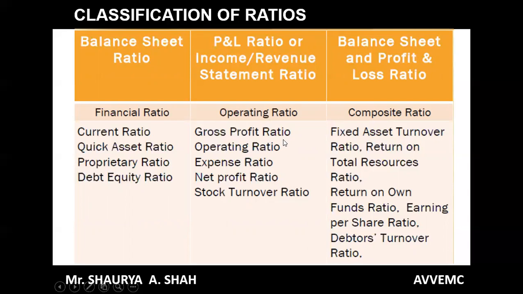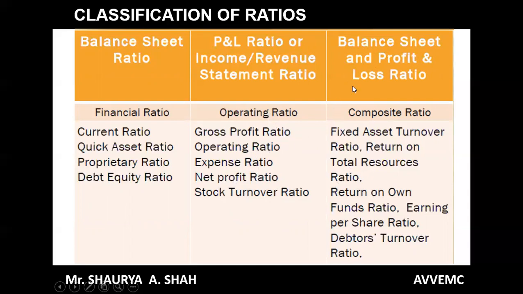Second is operating ratio, a ratio of operating expenses and sales. Third, expense ratio. Then you have net profit ratio and stock turnover ratio. We are going to see each and every ratio in detail with formula and with their advantages. Fine, so we will see it in detail.